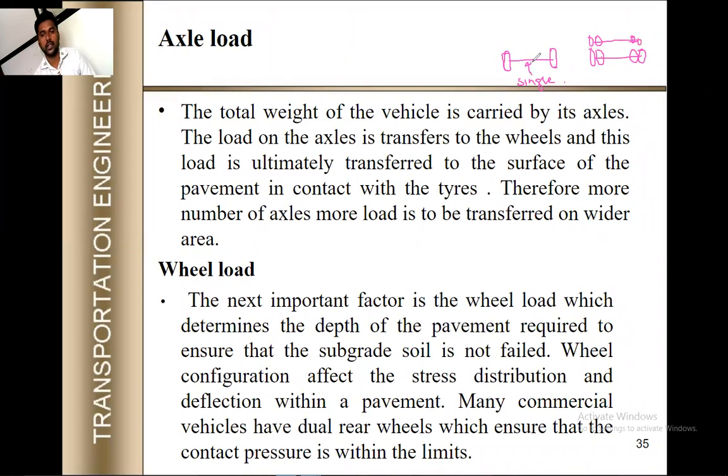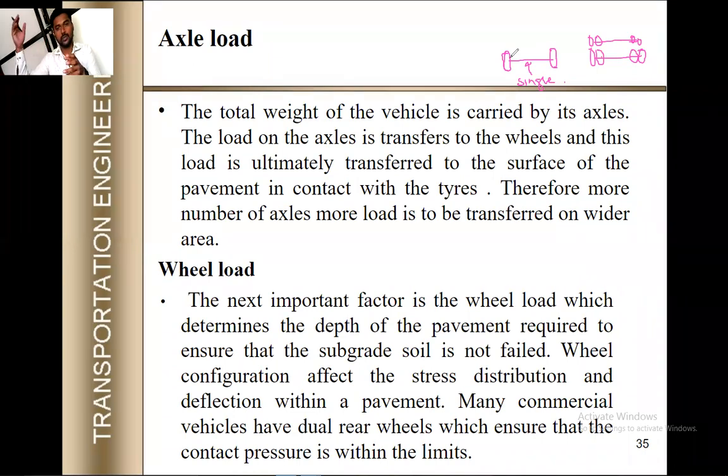The total weight from the vehicle goes to the axle, then by the axle it is transferred to the wheels, and by the wheel it is transferred to the pavement. So what is the role of the axle? To take whatever load the vehicle has and transfer it to the wheel, and then the wheel transfers the load to the pavement. Then what is wheel load?